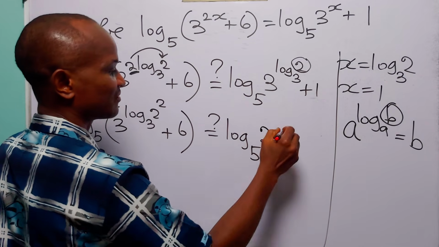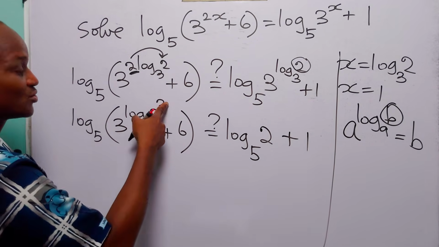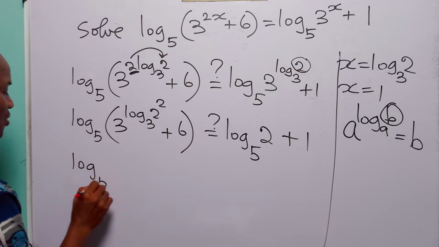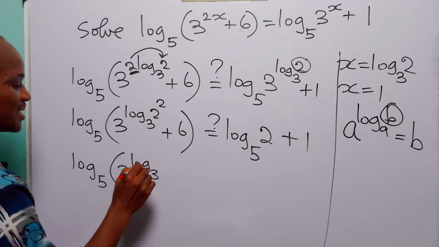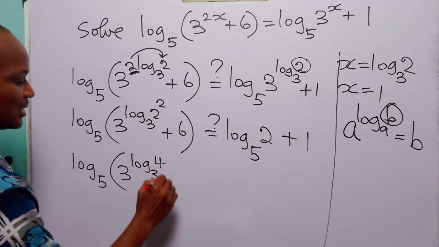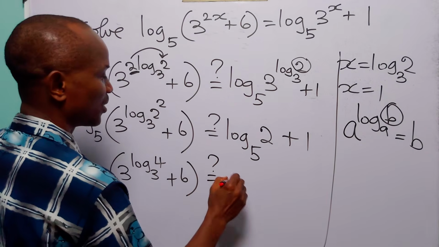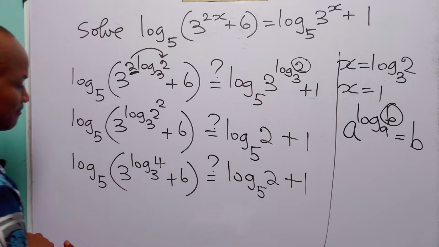So this is log to base 5 of 2 plus 1. Of course, you know that 2 squared is 4. So on the left-hand side, we have log to base 5 of 3 to the power log to base 3 of 4, then plus 6. Now, is this equal to log to base 5 of 2 plus 1?